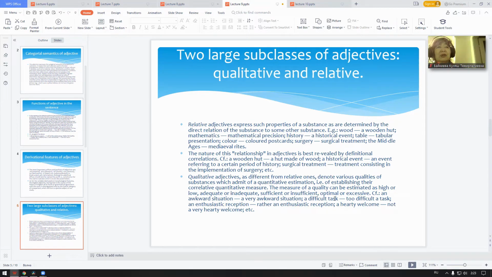The measure of a quality can be estimated as high or low, adequate or inadequate, sufficient or insufficient, optimal or excessive. An awkward situation, a very awkward situation, a difficult task, too difficult a task, an enthusiastic reception, rather an enthusiastic reception, a warm welcome, not a very hearty welcome, etc.